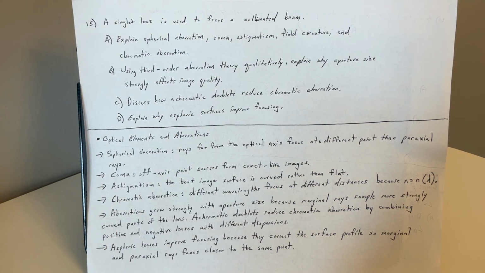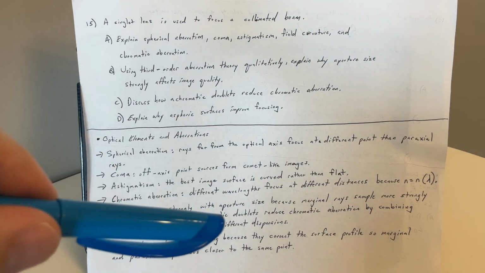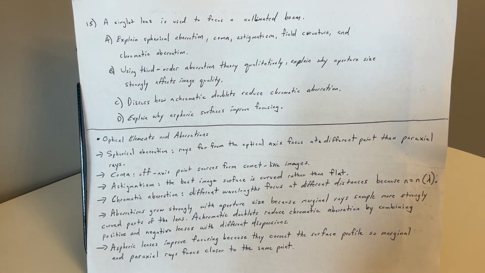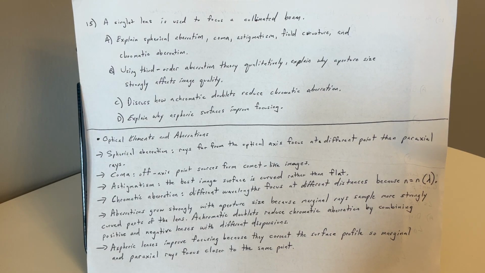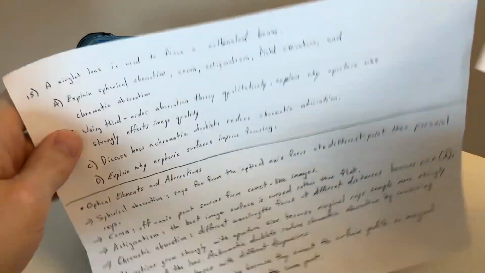Aberrations grow strongly with aperture size because marginal rays sample more strongly curved parts of the lens. Achromatic doublets reduce chromatic aberration by combining positive and negative lenses with different dispersions. Aspheric lenses improve focusing because they correct the surface profiles, so marginal and paraxial rays focus closer to the same point. So this was more textbook stuff for 15, conceptual textbook stuff.